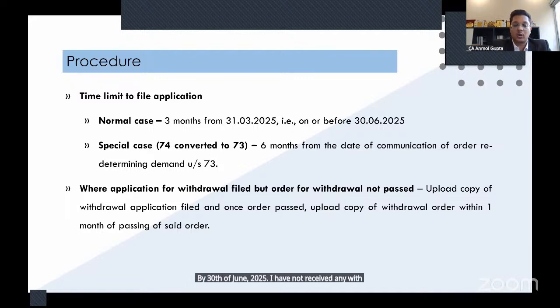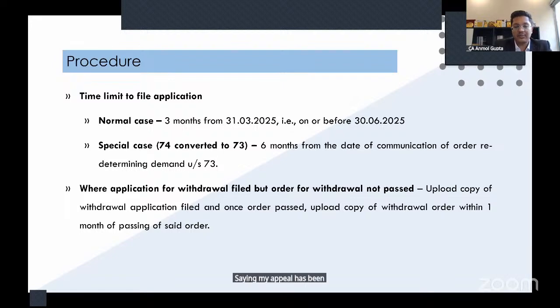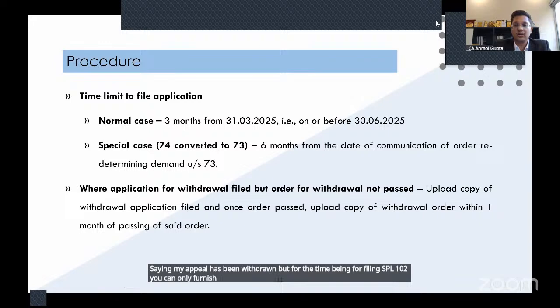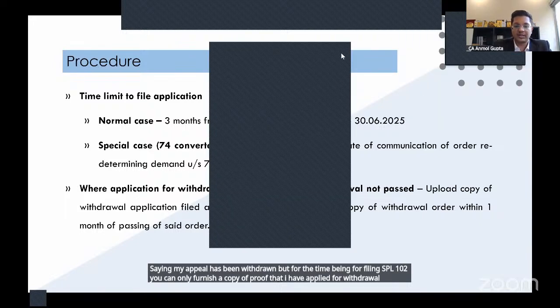In that case, the law says that you can file the application along with proof of applying for withdrawal of appeal, and once the order is passed, within 1 month you can upload the order on the portal saying my appeal has been withdrawn. But for the time being, for filing SPL 1 or 2, you can only furnish a copy of proof that I have applied for withdrawal and it has not been done till date.